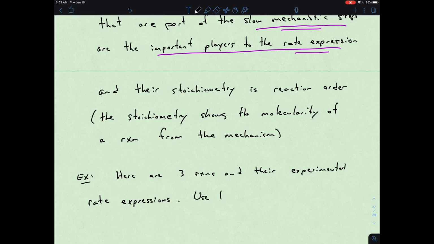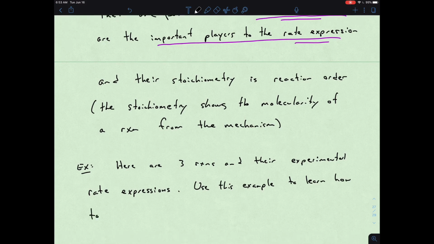We're going to use this example to learn how to develop a rate expression from a mechanism. That's the important piece that we're going to be doing here.